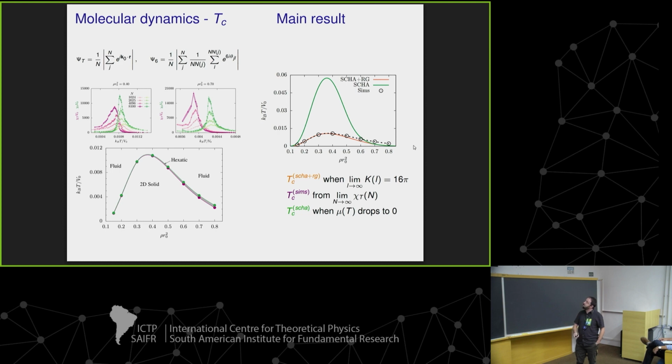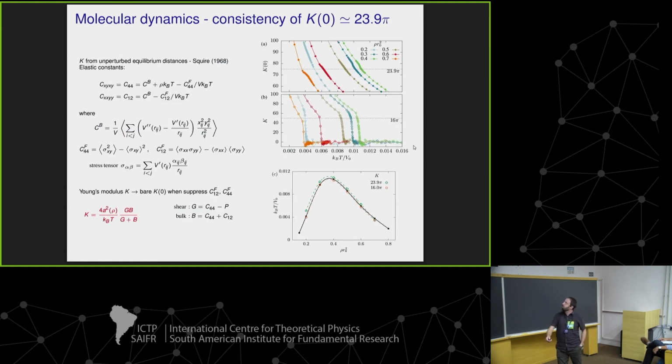An extra consistency result that we do is to check this condition for the Young modulus. So we know that we can measure the Young modulus from unperturbed equilibrium distances in a traditional method. We have the elastic constants that depend on the Born term and on fluctuation terms of the stress tensor. And we can estimate the Young modulus by the shear and the bulk modulus.